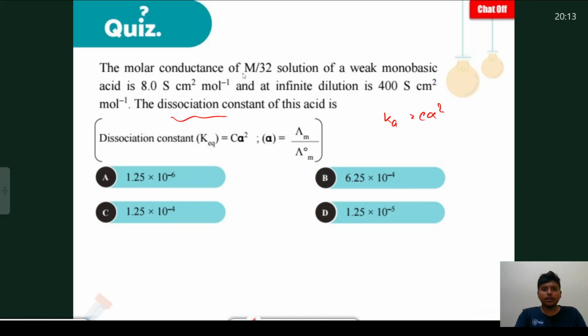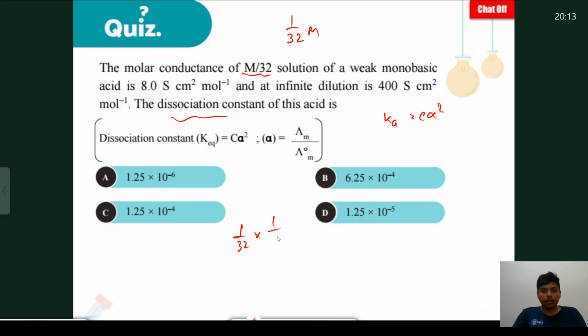C is given, 1 by 32 molar. So 1 by 32 into 1 by 8 square.